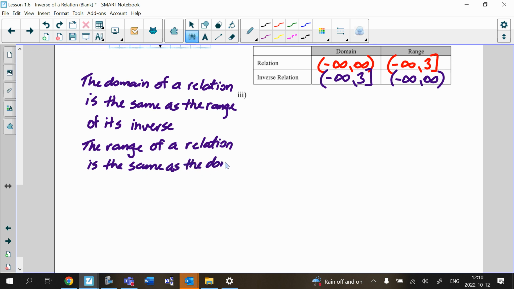So to answer the final question, the original relation is a function but its inverse is not. I think we're going to stop there.